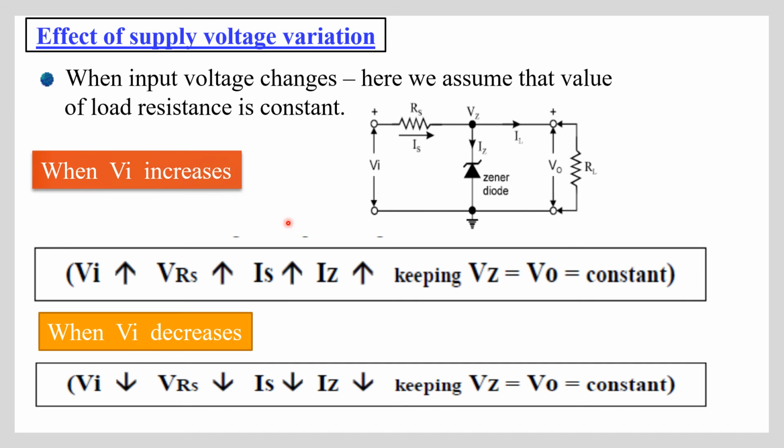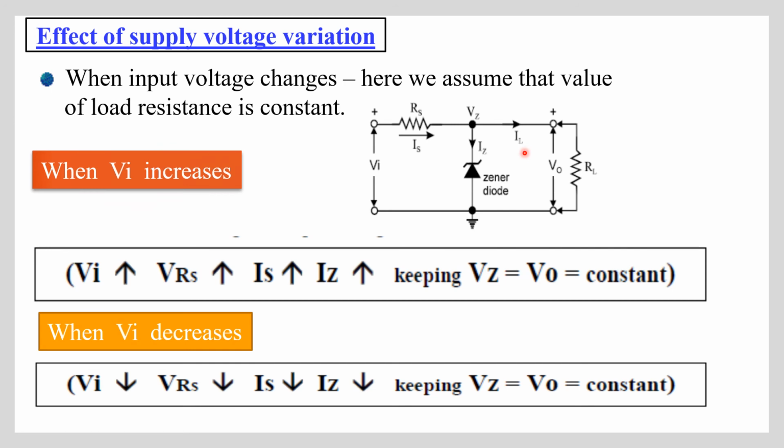Now when Vi increases, if there is an increase in the input voltage, then the current through the Zener diode increases and the load current remains constant. So when Vi increases, the current across the Zener diode increases but RL is kept constant.